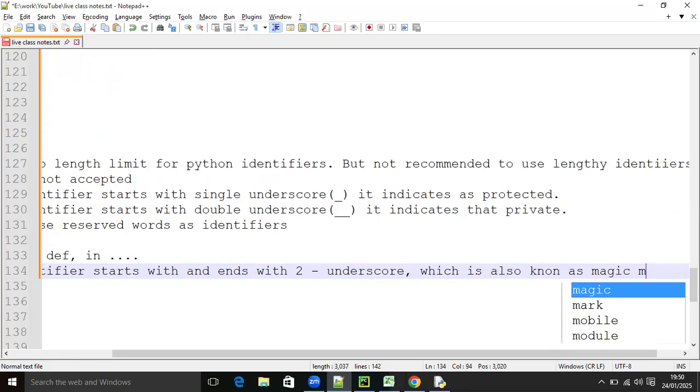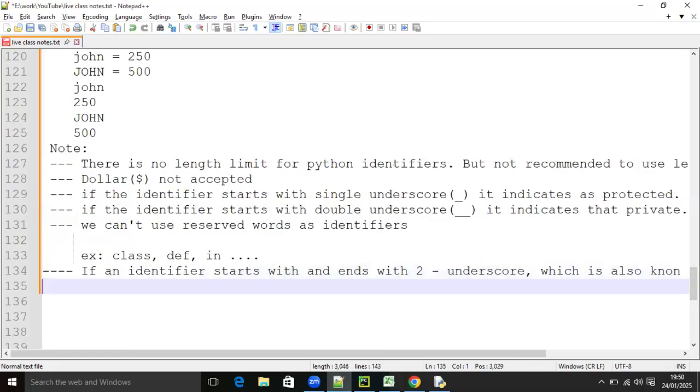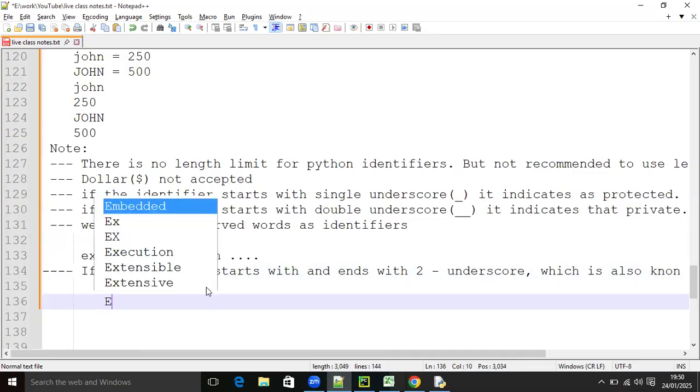Magic methods. Okay. Next, the examples of these magic methods I'm going to specify here.